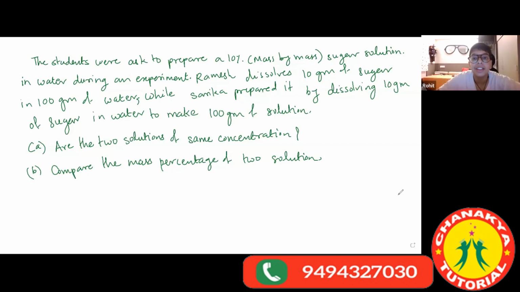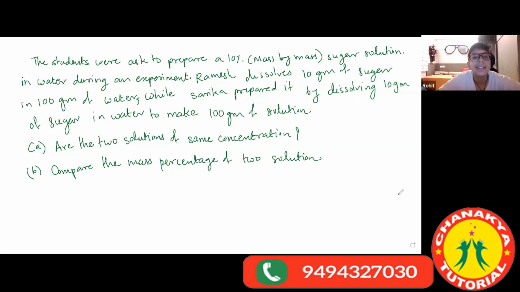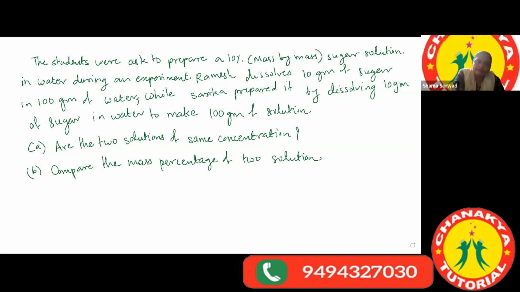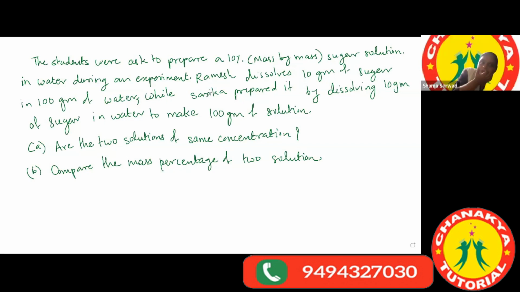Ma'am, will Ramesh's solution be around 9.99? Yeah, it will be less than 10%. Sarika's is exactly 10%. Correct? Yes, ma'am, it's 10 only. Ramesh's solution, Sampath, how come?